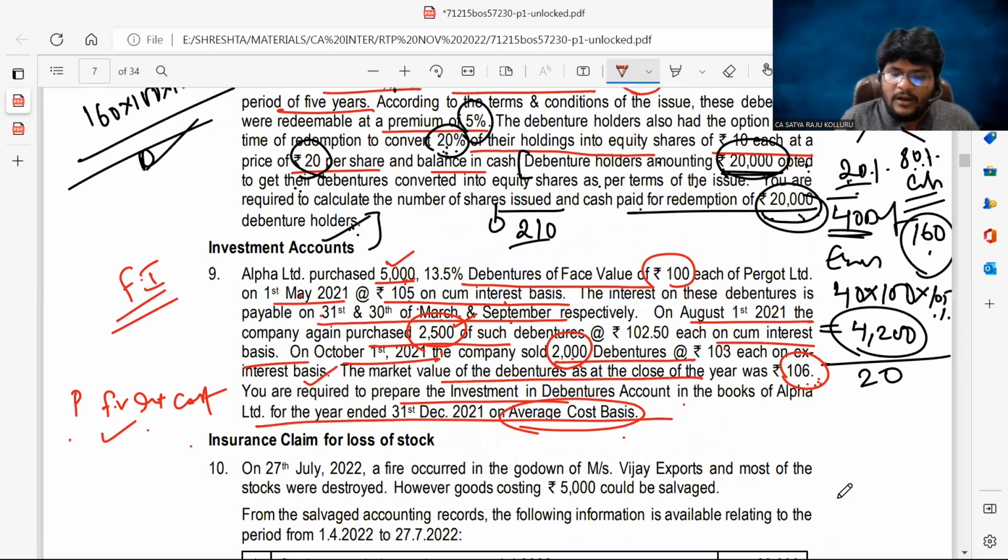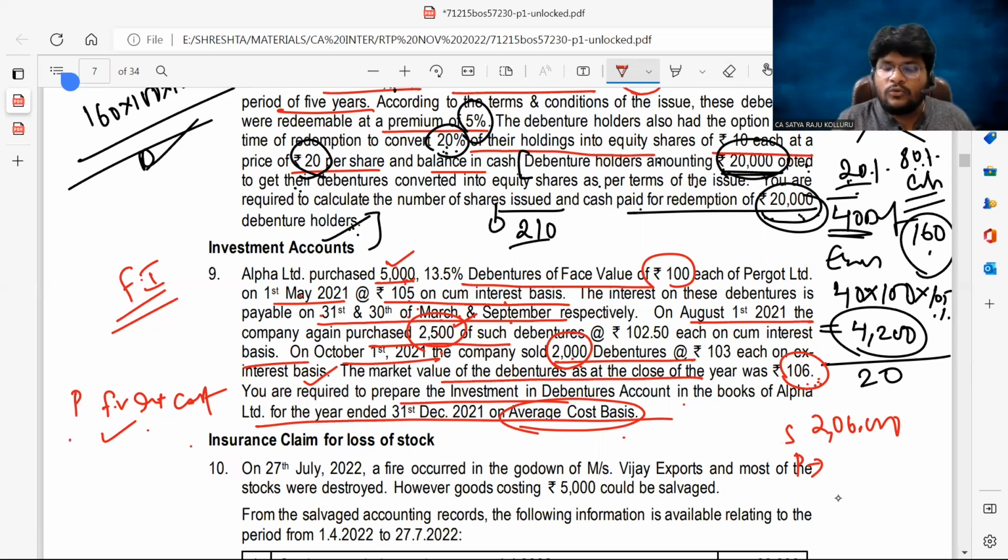Then if you go in chronological order, on October 1st, 2021, company sold 2,000 debentures, sale value 103 each on ex-interest basis. The sale value was 2,000 into 103. The sale proceeds were 2,06,000. Whenever a sale transaction occurred, you need to find out profit or loss. What is the purchase price, sir?